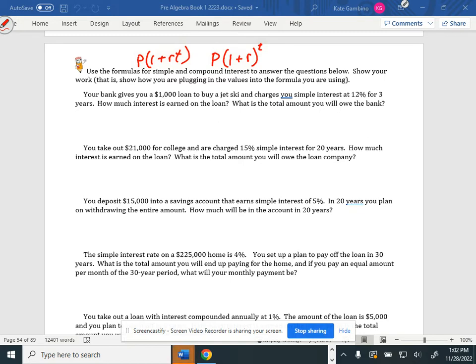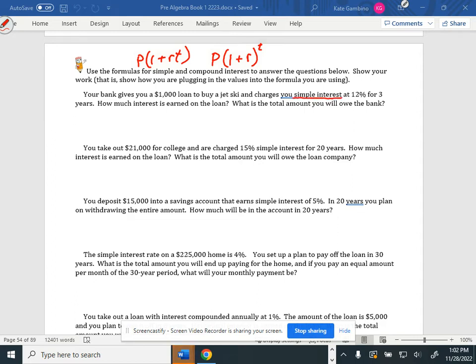On your help sheet for the test, should you write your simple formula and your compound interest formula? Yep. Good. So let's look at our first question. Your bank gives you a $1,000 loan to buy a jet ski and charges you simple interest.